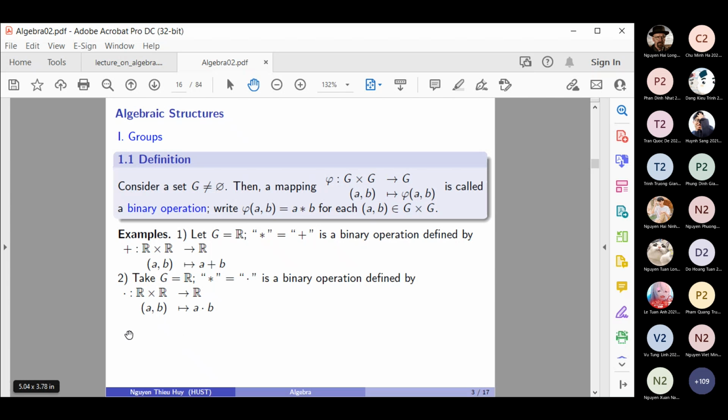And I want to give you one more binary operation that we learned last week.